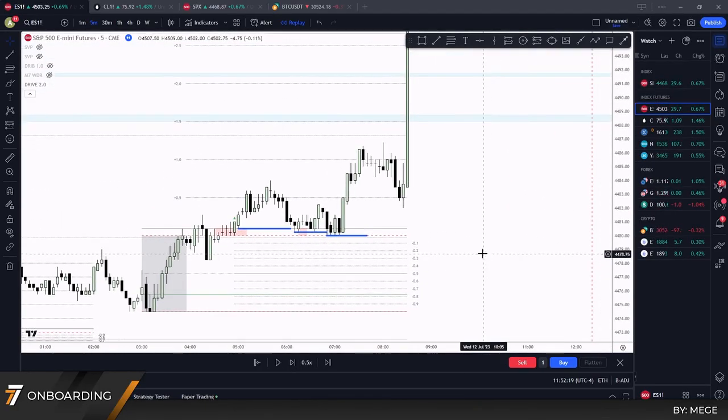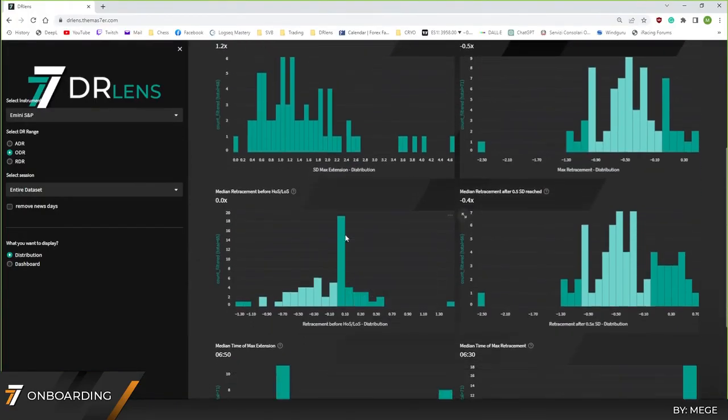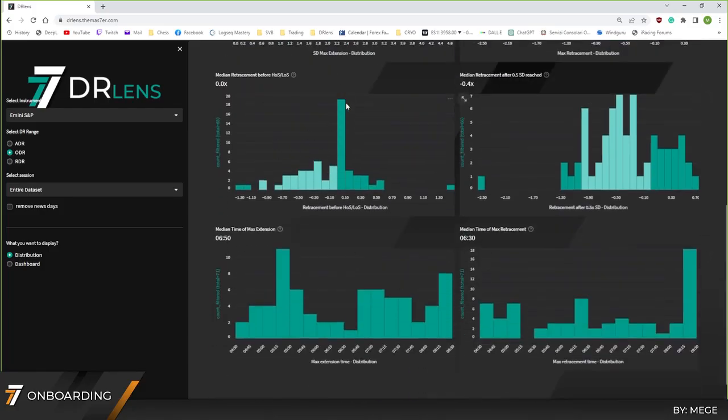So you see how combining works on a day like this, where time doesn't tell us much, but price retracement told us a better story, right? If you go back to the lens, time is ugly, we don't know. It could happen at any point, like it happened today. But this is very clear, right? Do you agree, guys? 0 to 0.1, it's a very clear spike. So that's how you use both.